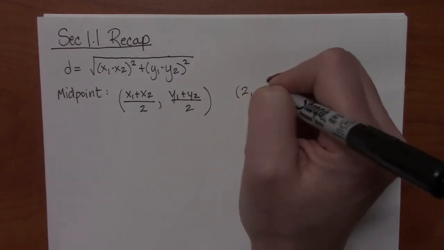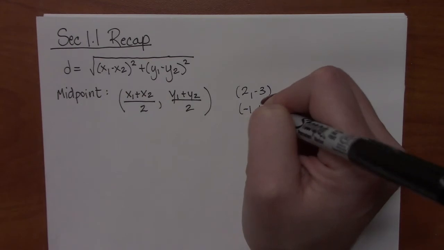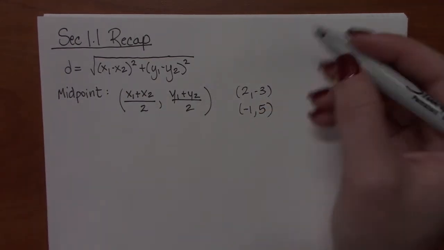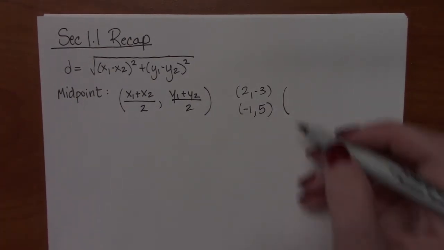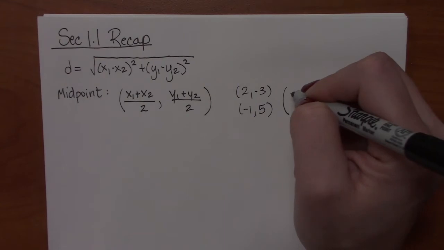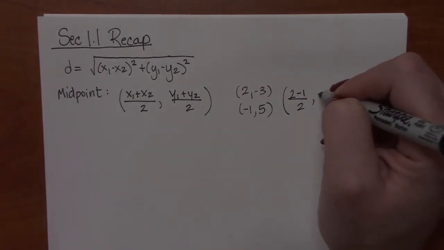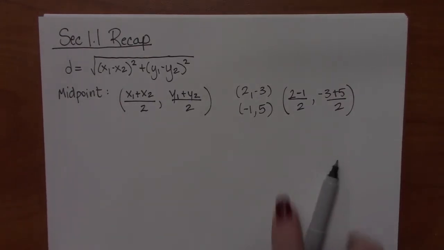If I have 2, -3, and let's say -1, 5, I'm still going to add, and when you add negative numbers together, it's going to look like you're subtracting, but we're actually going to add them together. So you would have 2 plus -1 over 2, and then -3 plus 5 over 2. So I'm still adding them. That's why we want to make sure we're keeping that straight.